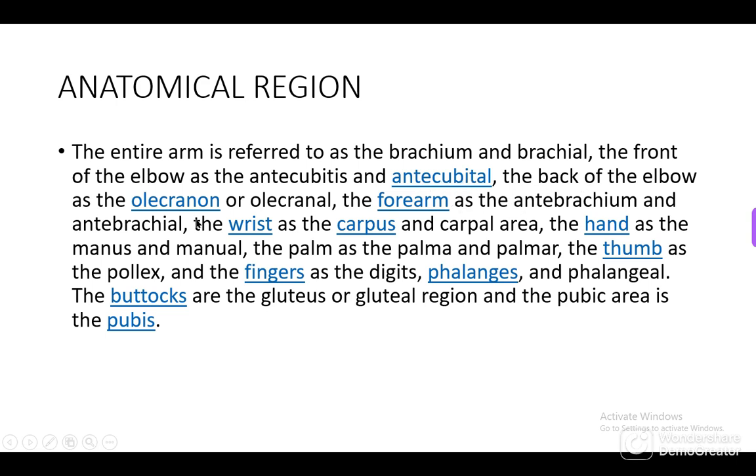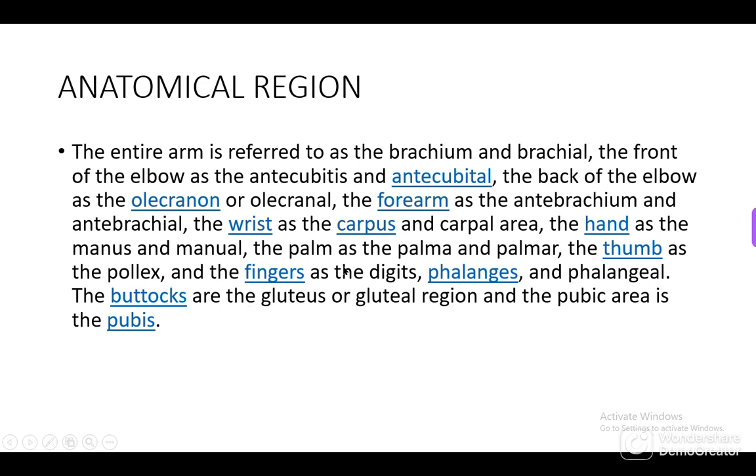And the back of the elbow is the olecranon area or region, or olecranal, and the forearm is the antebrachium, and antebrachial. The wrist is the carpus and the carpal area. The hand is also known as manus, and manual, because manual means the work done with the hands.